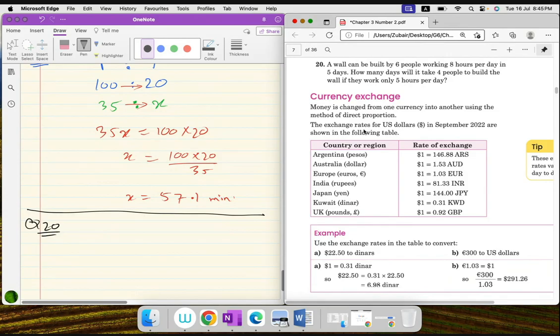Okay, the next topic is currency exchange, and that is throughout directly proportional. If we convert dollars into rupees or dollars into Saudi Riyal, or pounds into dollars, we will have an exchange rate.